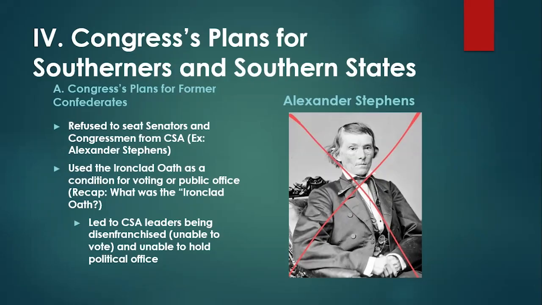Remember that ironclad oath was an oath in which a person had to swear that they had never served the Confederacy. Therefore, we can see the historical significance of this ironclad oath is that it led to, underline, write that down, do what you got to do, former Confederate leaders being unable to vote and unable to hold political office.